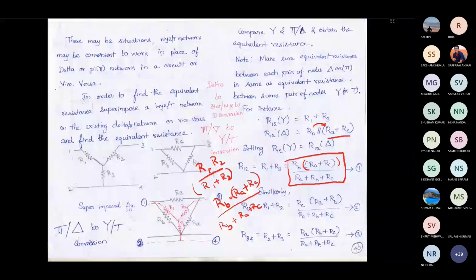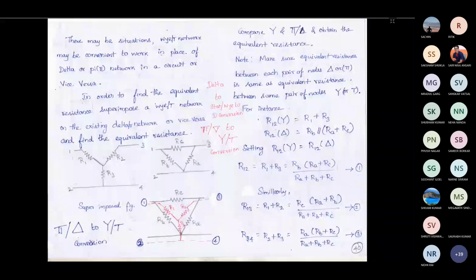Let us consider that this is one resistance, the resistance obtained across the terminals R12. That's why it is mentioned as R12. What we did was find the equivalent resistance across the terminals 1 and 2, so this is equal to this.